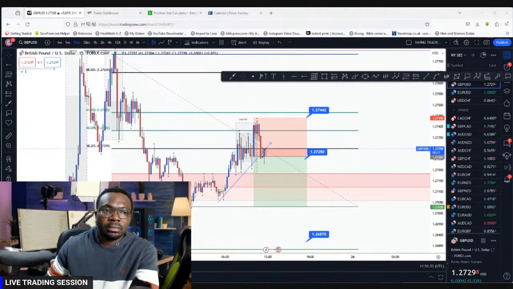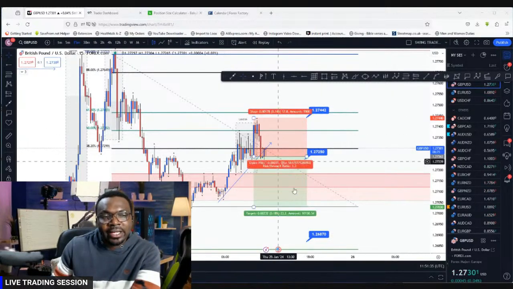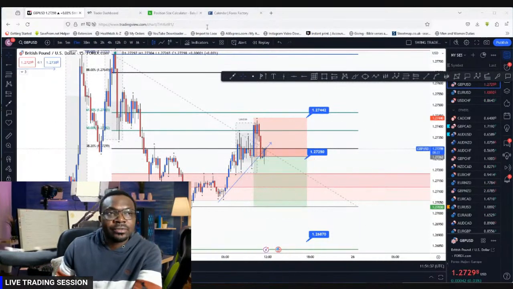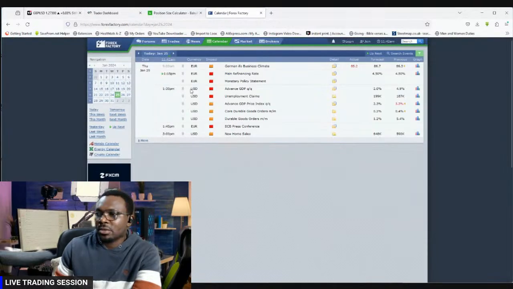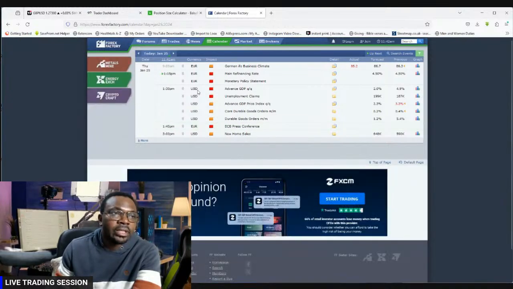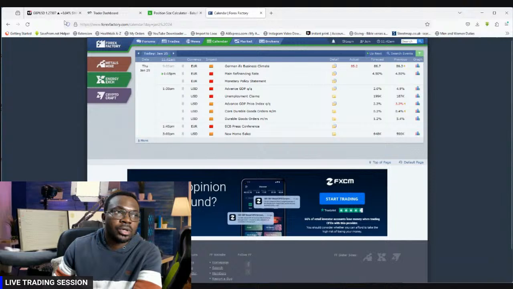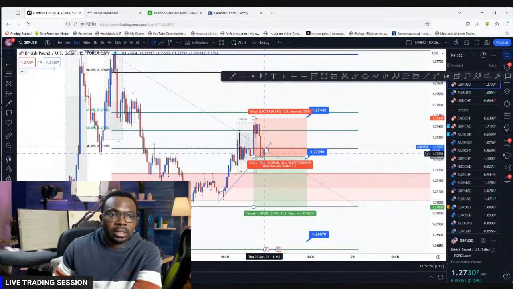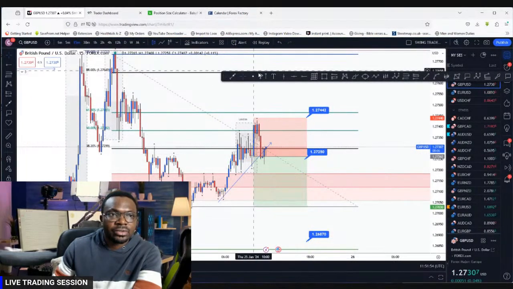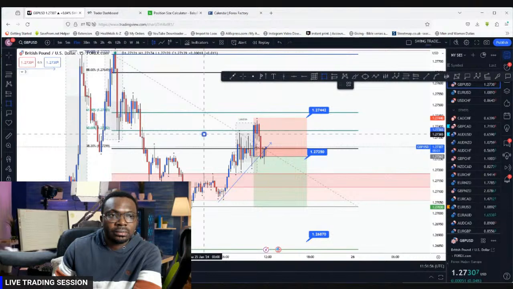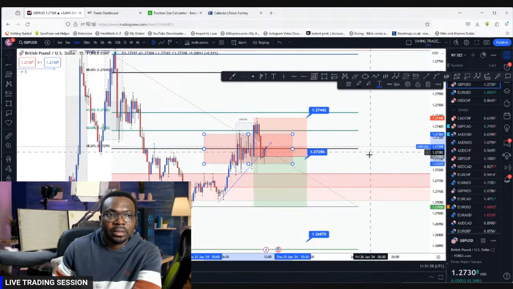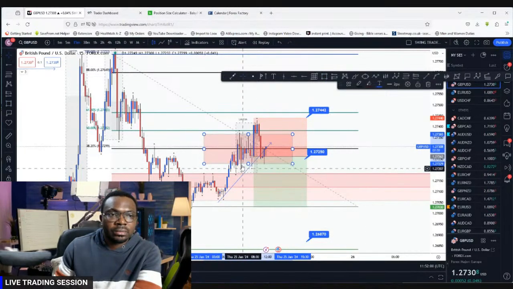So normally when you find that a trade is not moving like this, you have to check the news. Once you check that there is high important news like this, just know that that's why the market is not going in the direction or it's consolidating. Like now, it's just trying to push up. It's doing this consolidation zone right here.